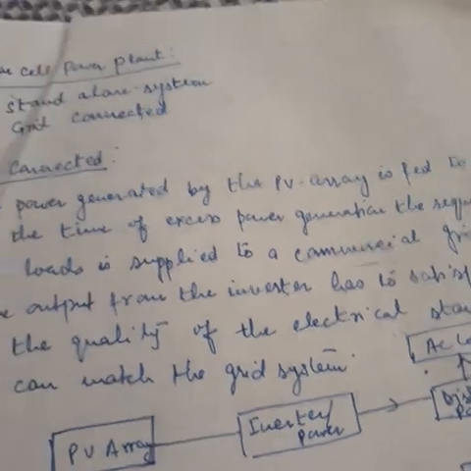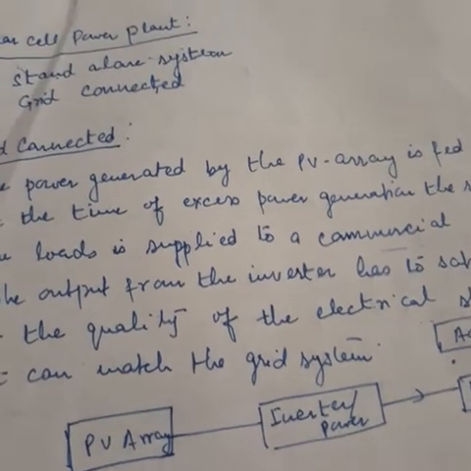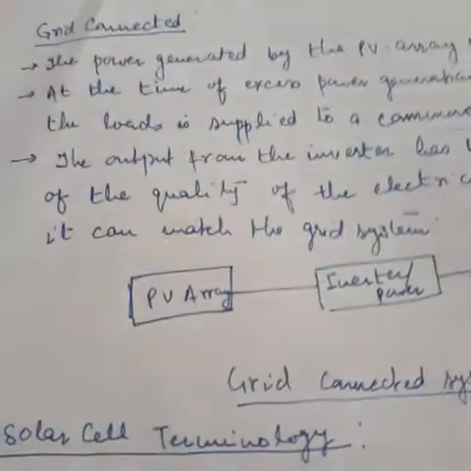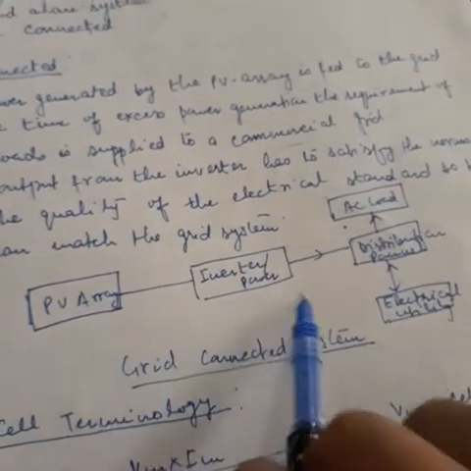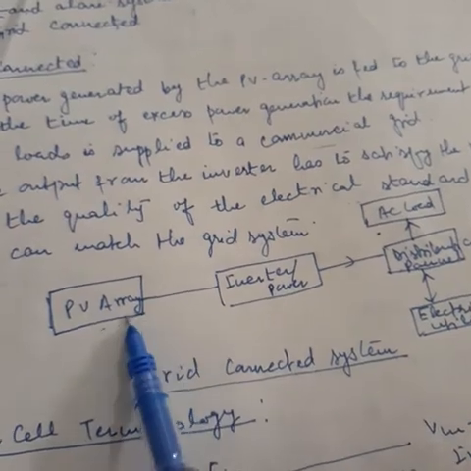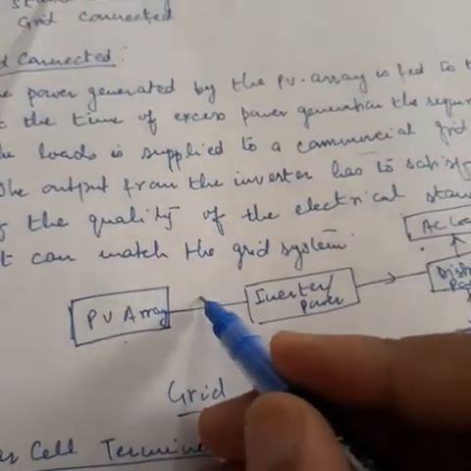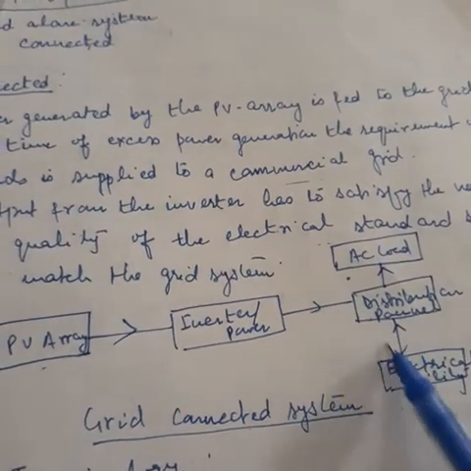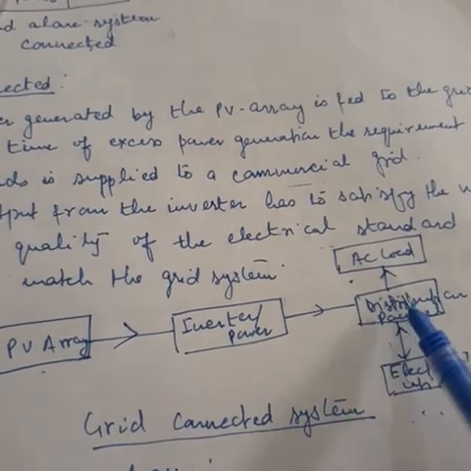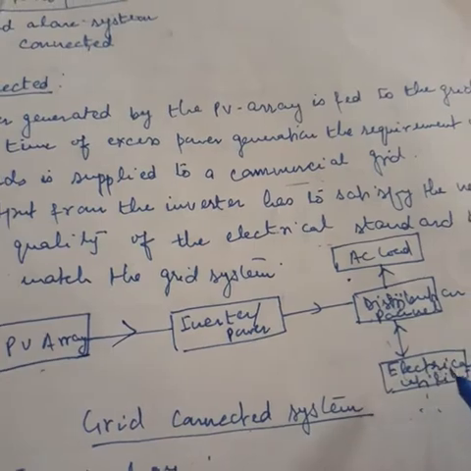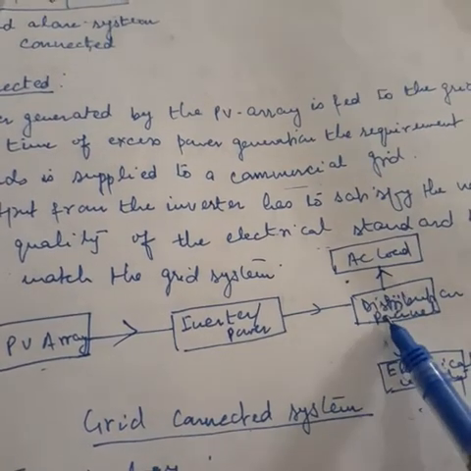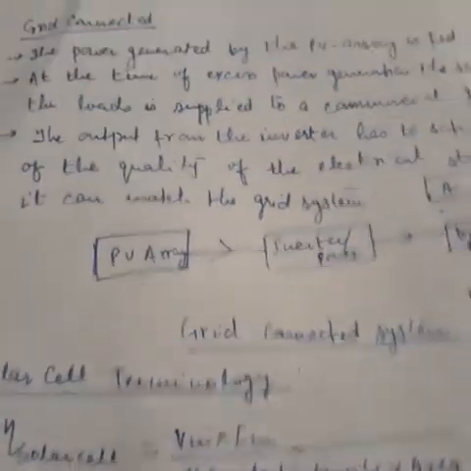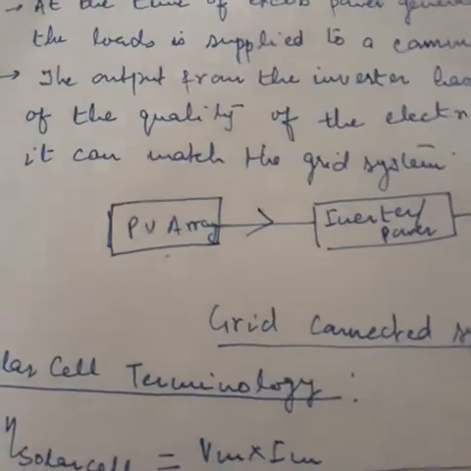The PV array is connected to the inverter, then to the distribution panel. When the electrical generation is more than the load, it is transferred to the commercial grid. This is the grid connected system.